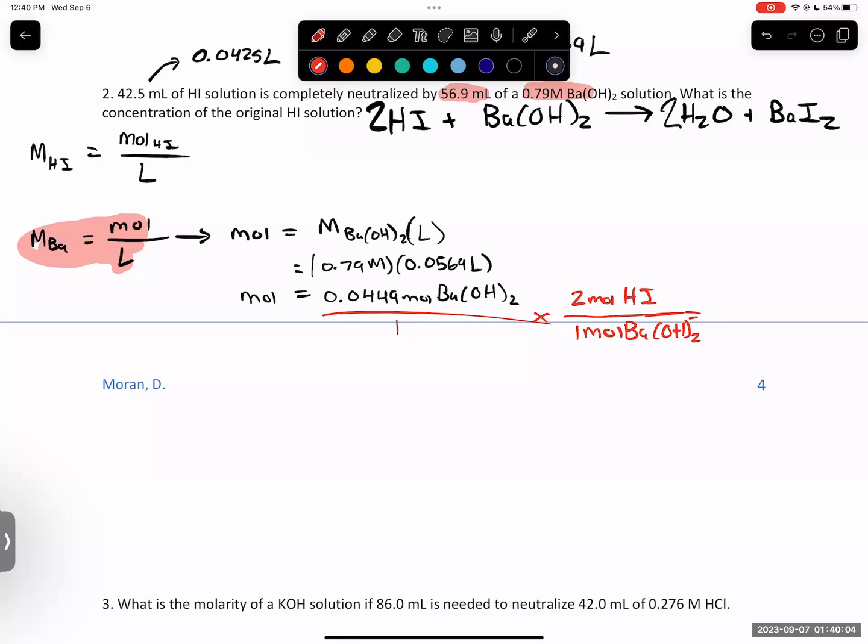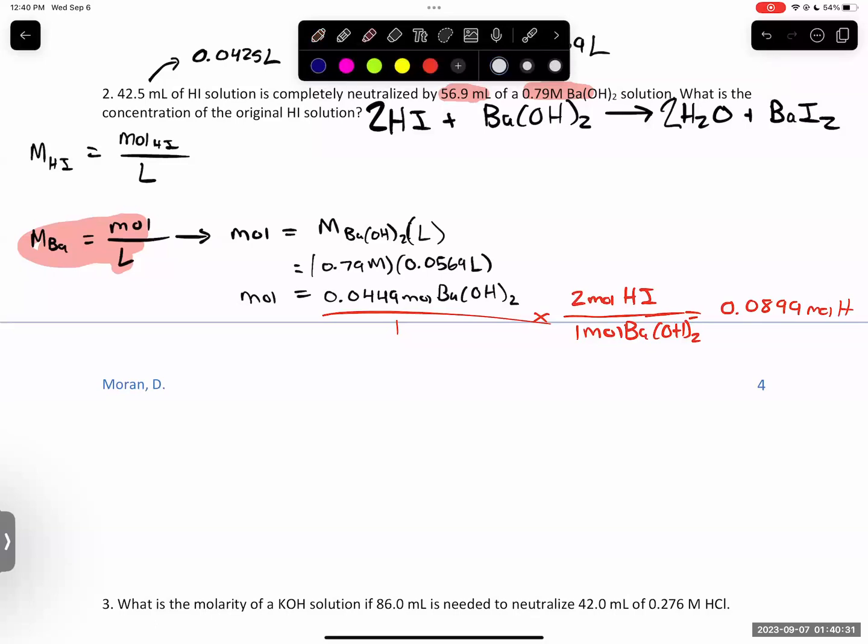That's all we need to calculate this right here, because we already have the liters, we just need the moles. What do we get in this part? 0.0899. Okay, 0.0899.